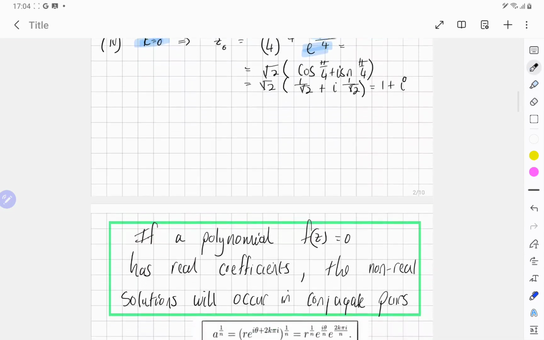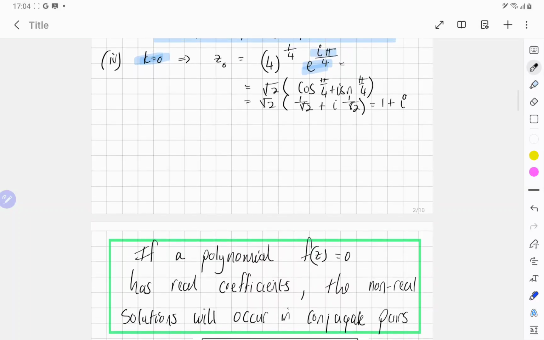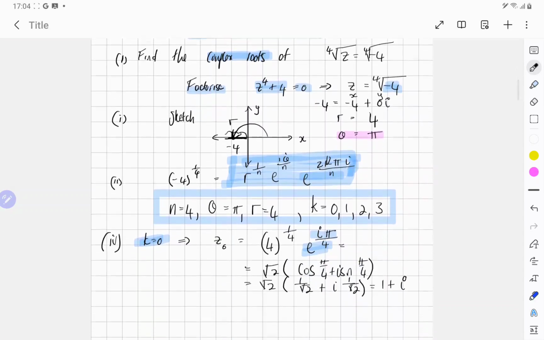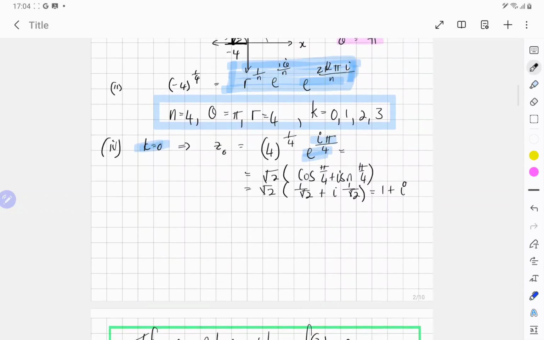Now, something that we will do and stress later. If a polynomial has real coefficients, the non-real solutions will occur in conjugate pairs. Let's look at our polynomial z^4 plus 4.